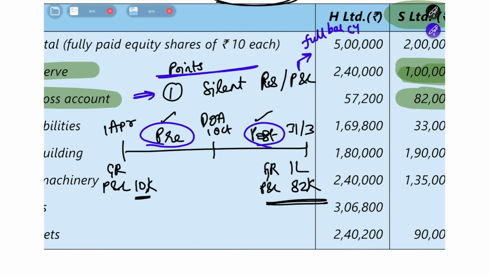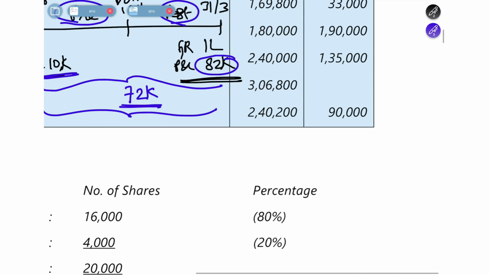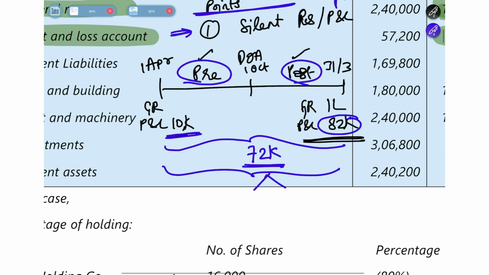The 10,000 was in the opening, so the remaining 72,000 is related to the entire year. That means you have evenly earned 72,000 during the year. Now you have to split this 72,000 into pre-period and post-period proportionately.